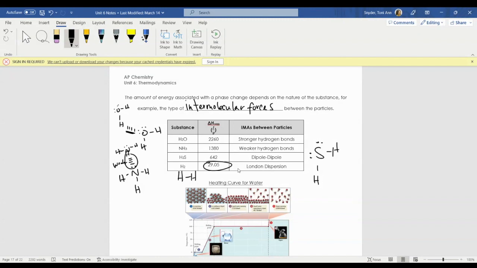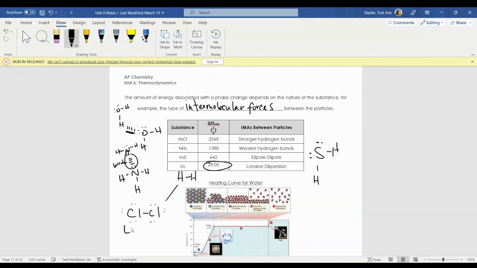And that's because diatomic hydrogen only experiences London dispersion intermolecular forces of attraction. So if we remember back to unit 3, what would we say about the enthalpy of vaporization for diatomic chlorine? Would it be higher or lower than hydrogen? Should be a little higher than that.